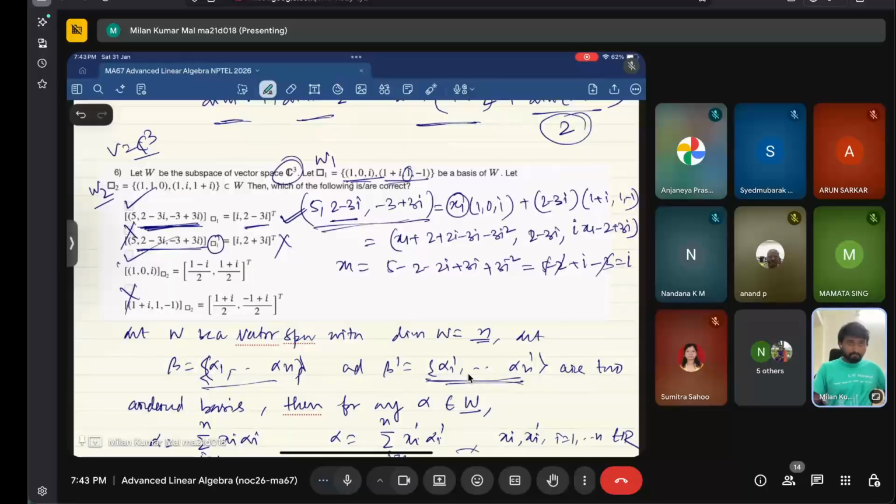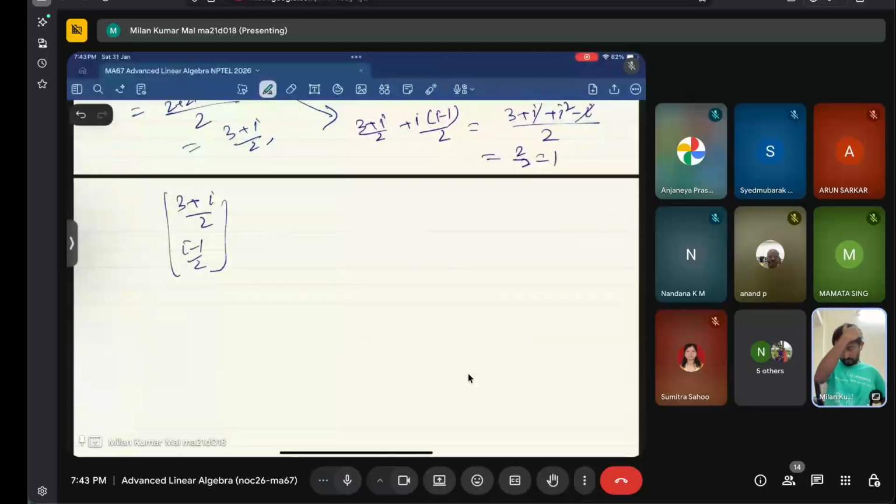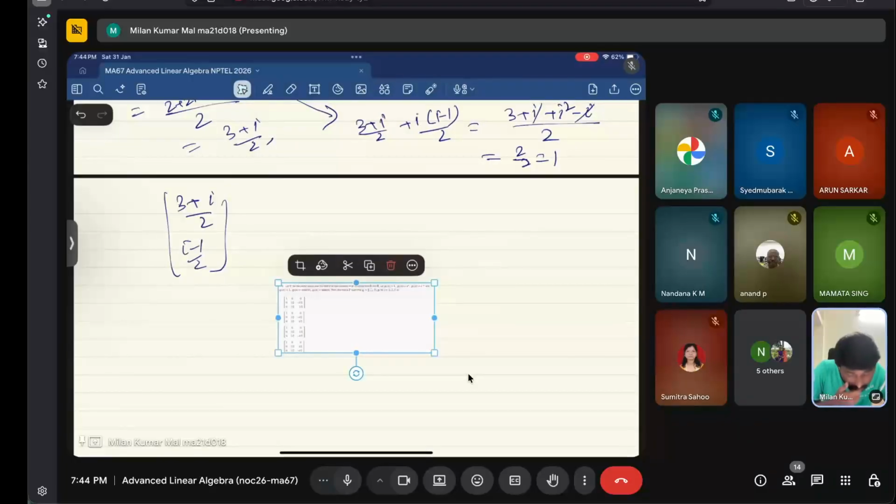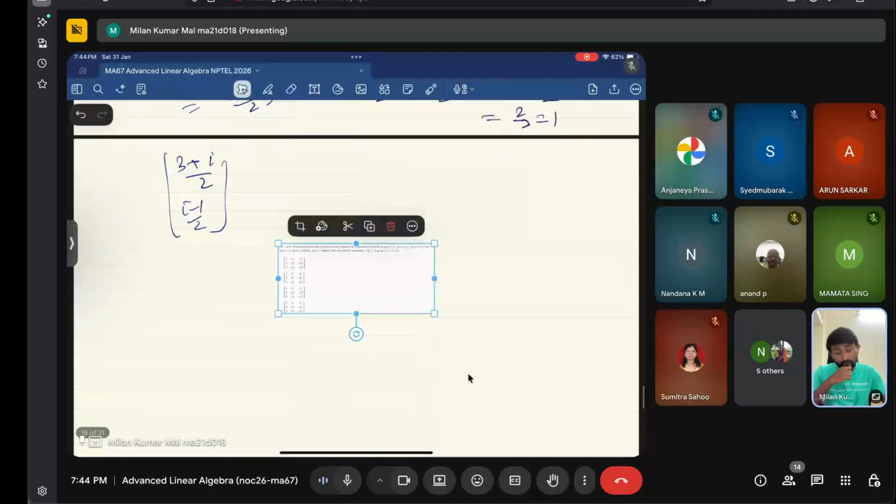Okay, any doubt till now, at least in this problem? You can ask. In fact, the previous problem also you can ask. If you have any problem, you can ask.